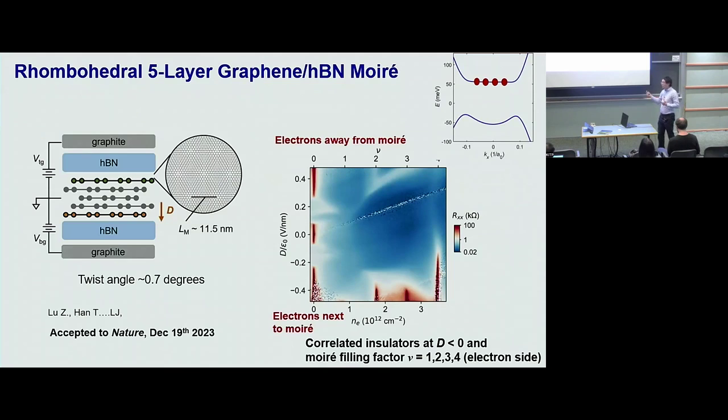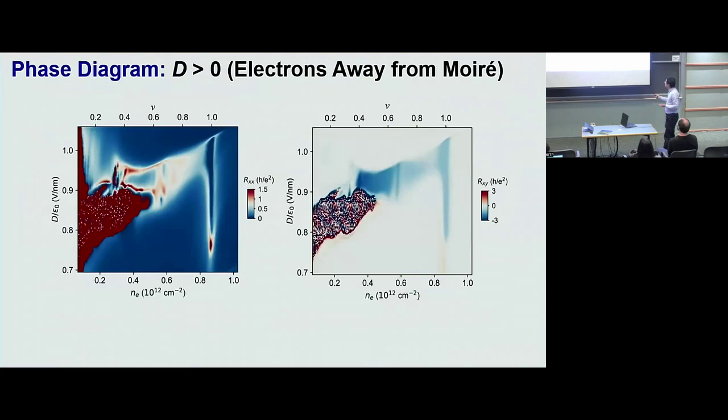One is to open the gap using electric field upward. The other is electric field downward, right? The difference is you're going to push these electrons in the flat band either to be right next to the Moiré or very far away from the Moiré. And guess which side gives you the fractional state? As Ashwin told you, it's when the electrons are in the remote layer from the Moiré when we get the weird things, okay? So this is a recap of the paper.